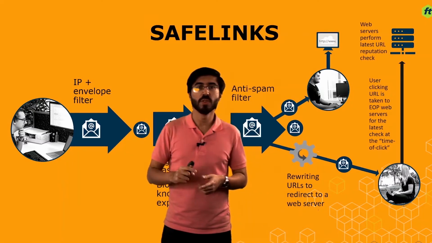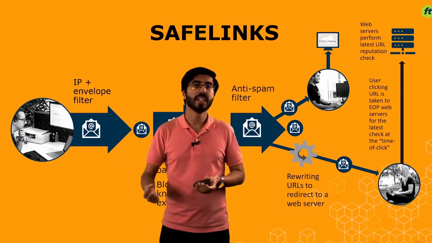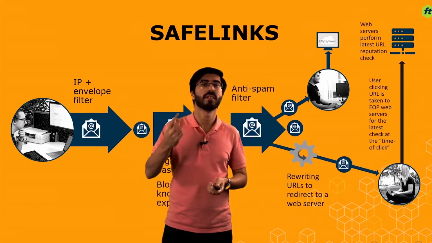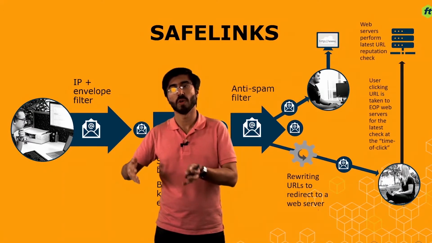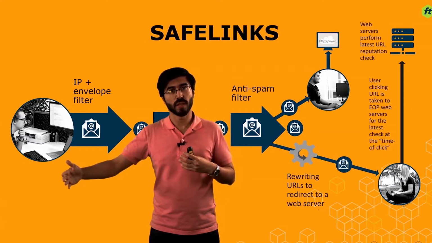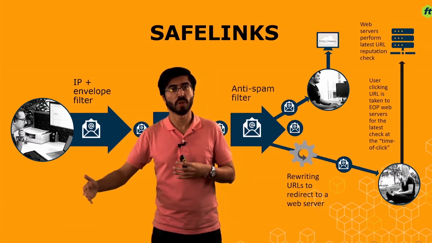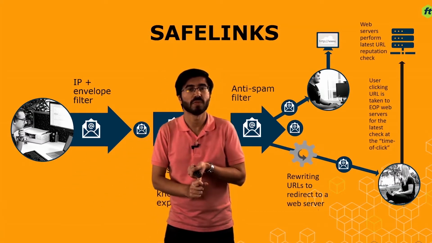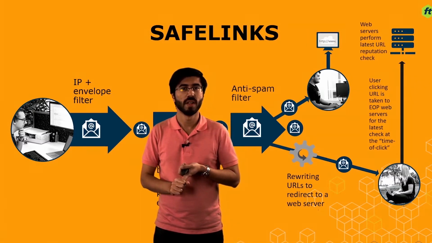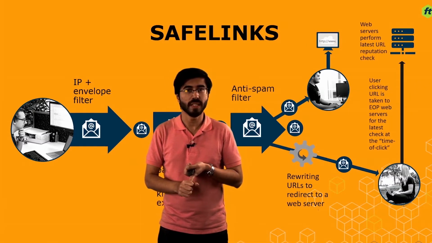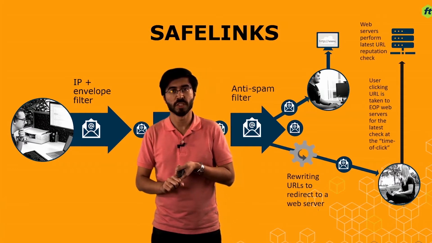So whenever the user clicks on that link, they are taken to that web server, where the Exchange Online Protection servers open that link and scan it to see if it is malicious or not, either if it's within the list of documented domains or IPs, or if they find something malicious there.